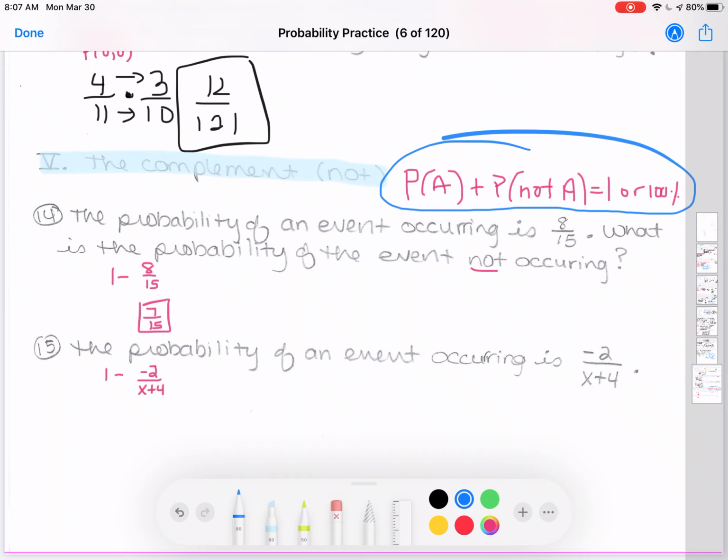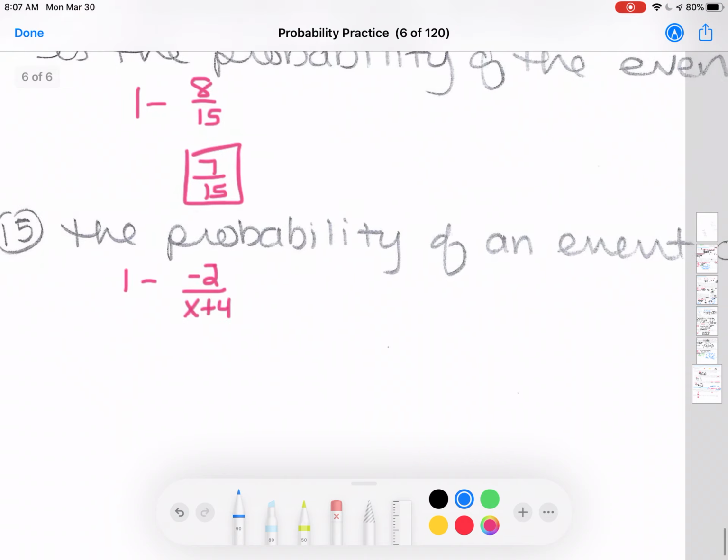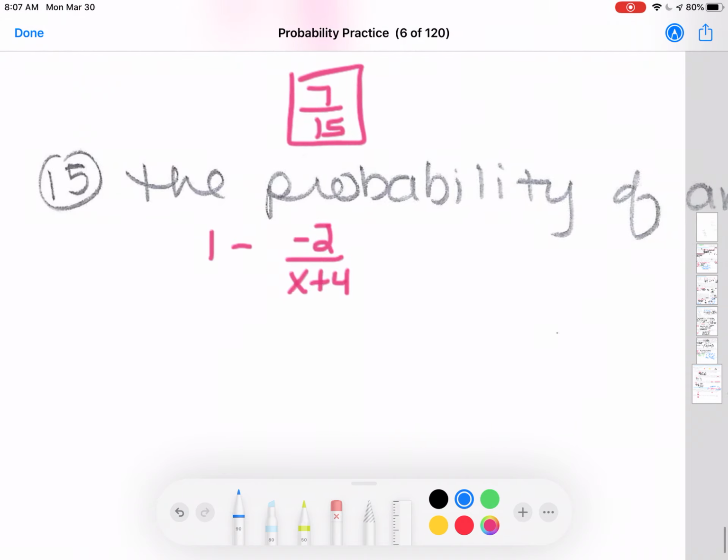It says the probability of an event occurring is -2 over x plus 4. So if we want to find the probability of it not occurring, when we do 1 minus this, remember we're going to put this over 1, and we're going to get an LCD. So the LCD is x plus 4.